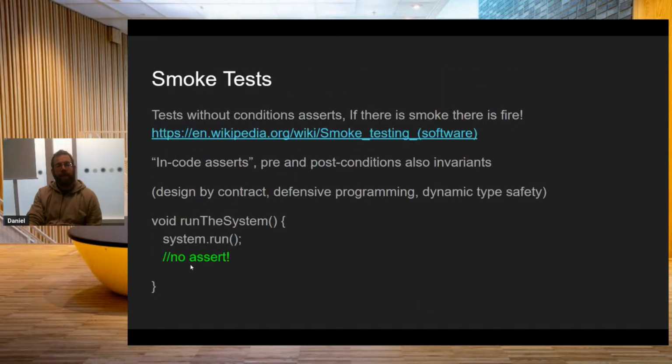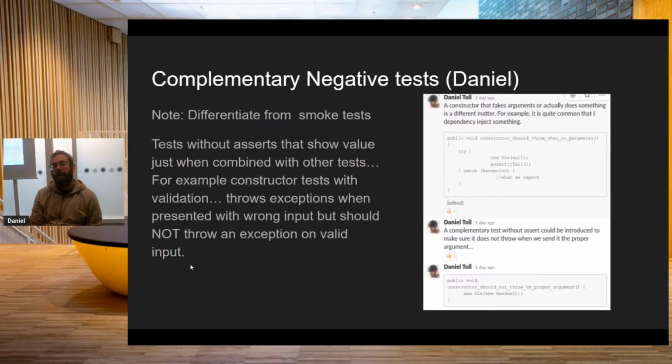There are cases where a test case doesn't need an assert, but is still a valid test case. So imagine the following thing, where the source code here is in the Slack conversation. In this case, I have a die class, so we roll the die.